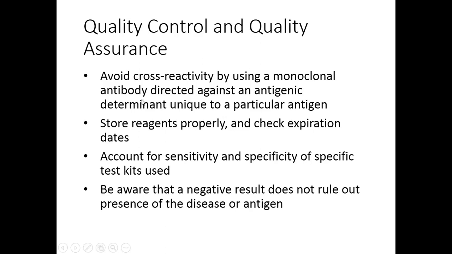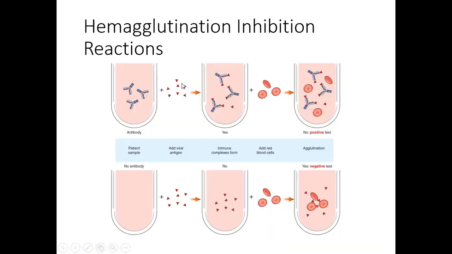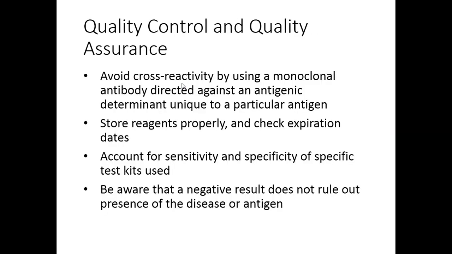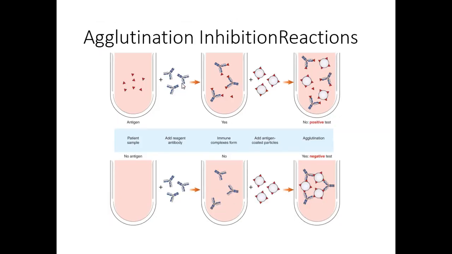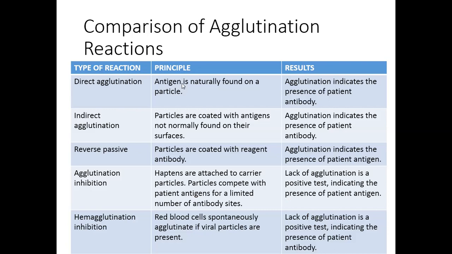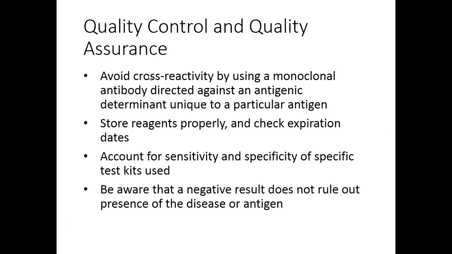Make sure that we can remember that antibodies can cross-react with other antigens, right? Not just the one it's specific for. How do we get around this when we're using tests like this? Those reagent antibodies that we provide. How do we get around having cross-reactivity?